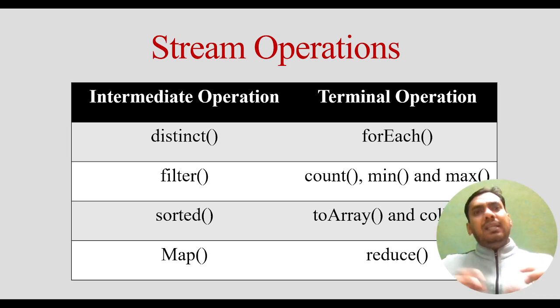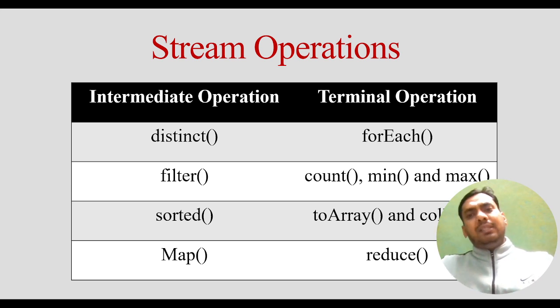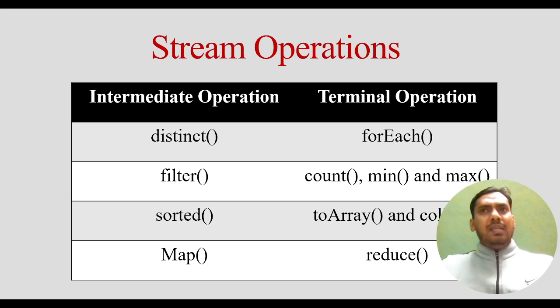It means if you already have a stream in your memory and you want to convert one type of stream into another type of stream, let's say I have a sequential stream and I want to convert it into a parallel stream, I can directly call the method parallel.